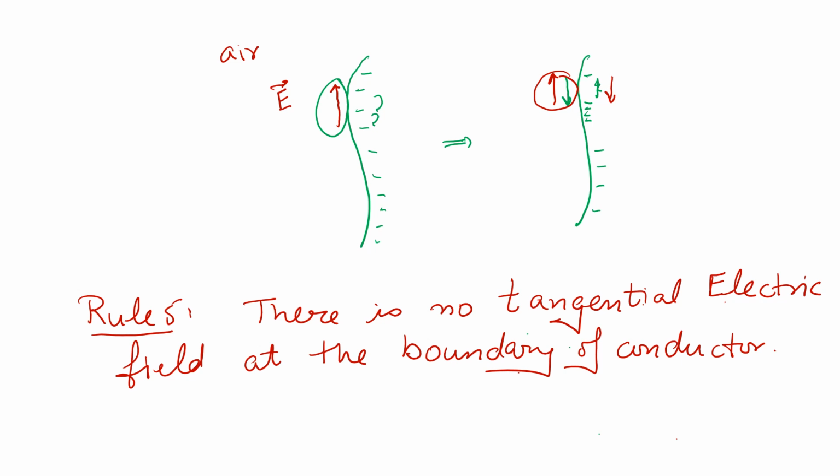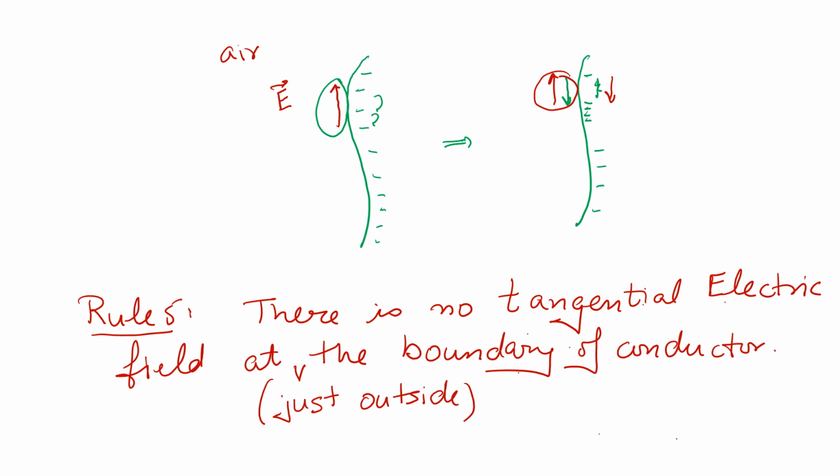Or, if you want to be slightly more clear, you can say just outside. If I just go outside the boundary, there cannot be a field which is parallel to the conductor boundary.